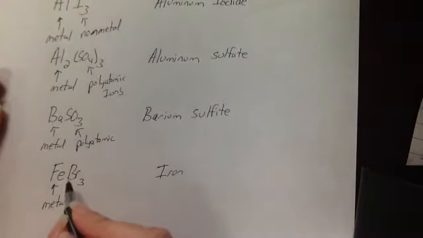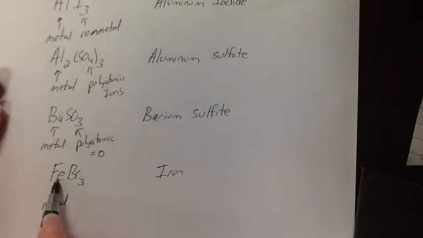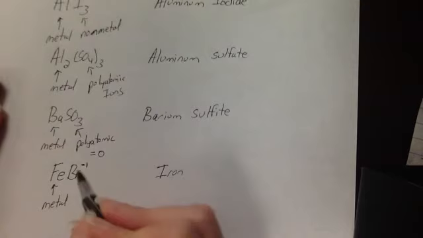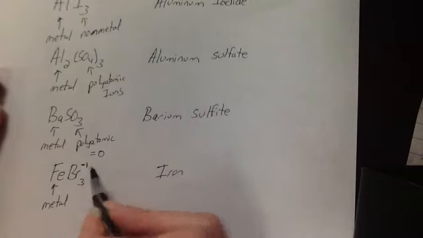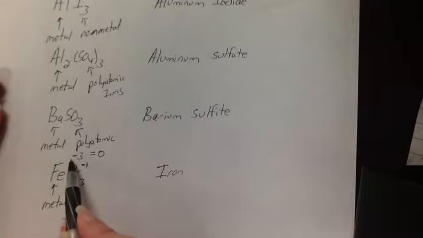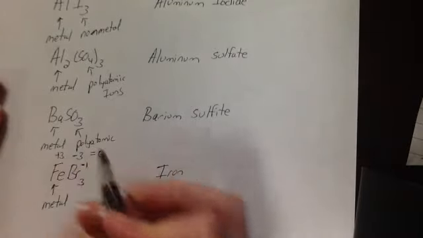The overall charge on a formula is always 0. We do not know what the charge is on iron, but we do know what it is on bromide. It's -1. There are 3 of them. 3 times -1 is -3. That means the overall charge on the bromide is -3. So then what number plus -3 gives you 0? And it's a +3.